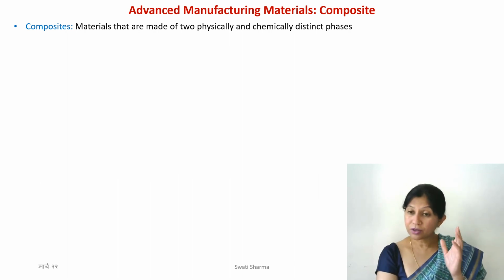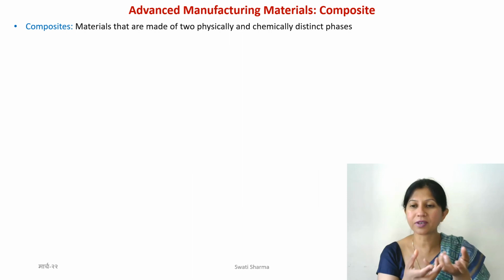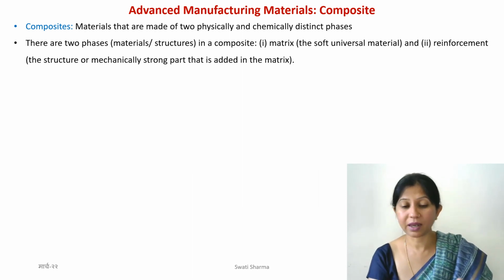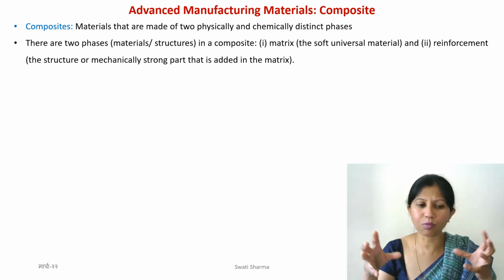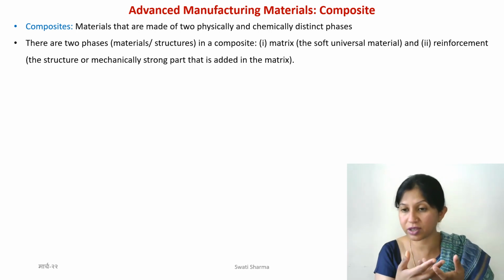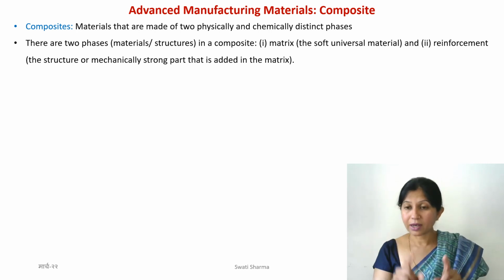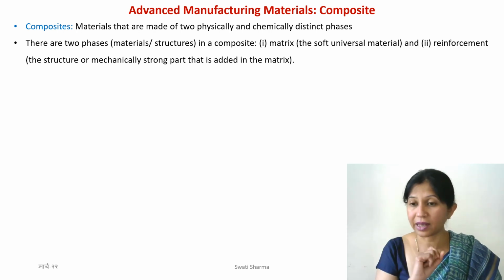Yes, that also is valid here. Sometimes you can even mix two solids, but still one should be softer than the other. These two physically, chemically distinct phases are more like two different structures mixed altogether into one. You will understand it better if you read the second line.